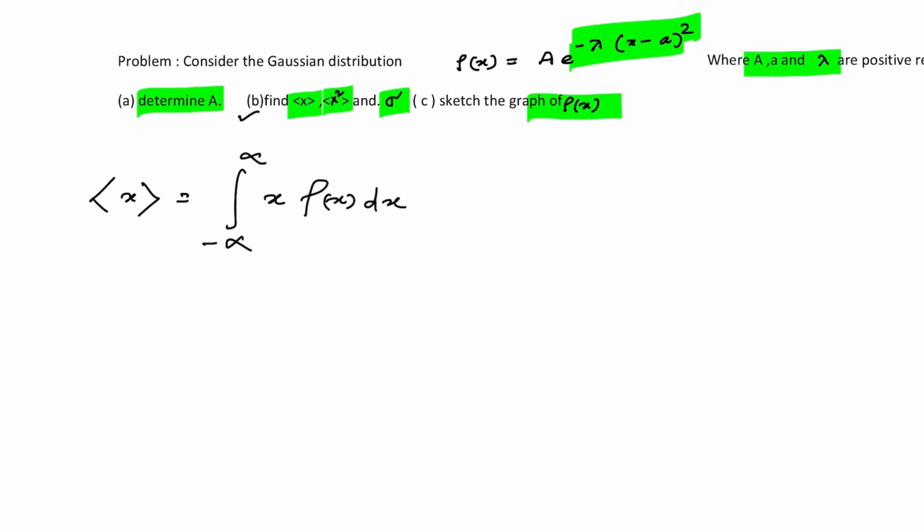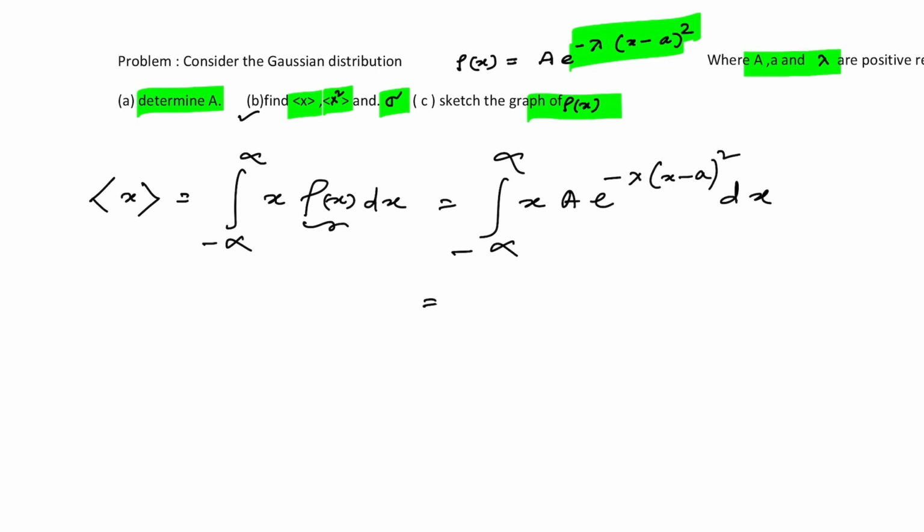Using this relation we can evaluate this. So integral from minus infinity to plus infinity, here x, then rho of x is nothing but a e to the power minus lambda x minus a whole square dx.